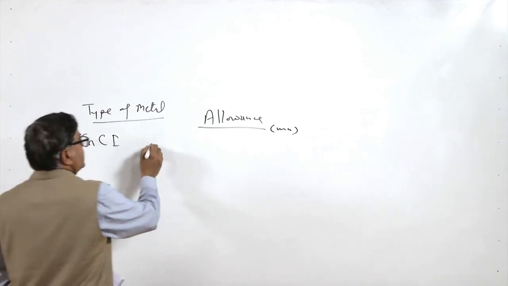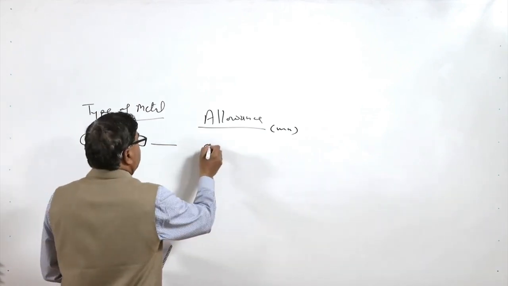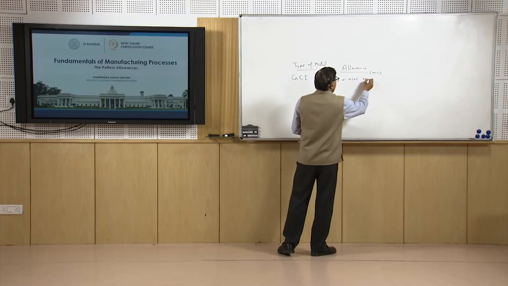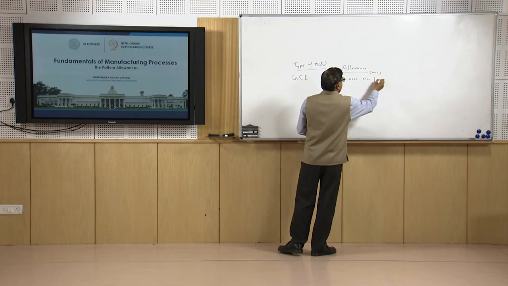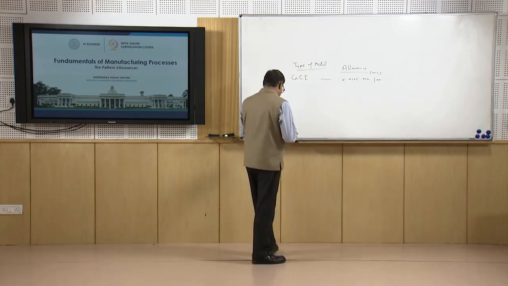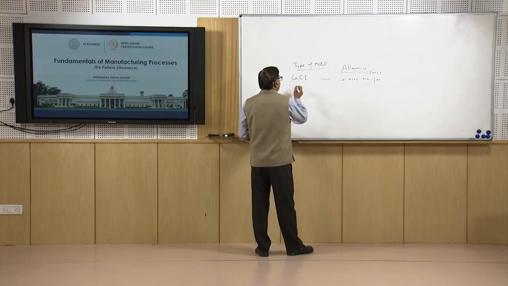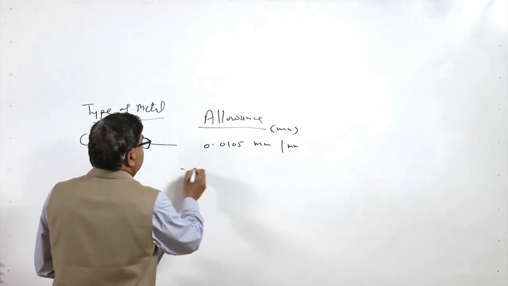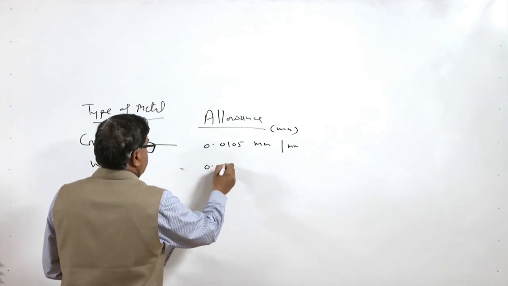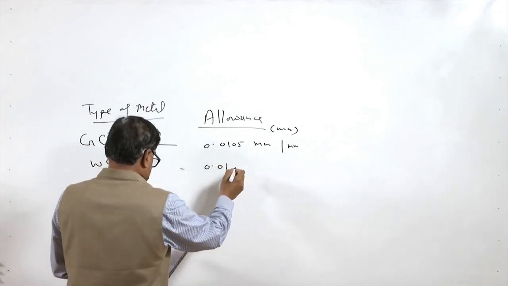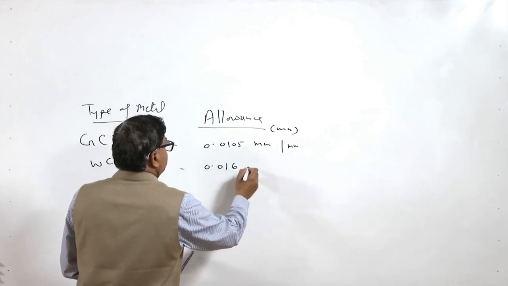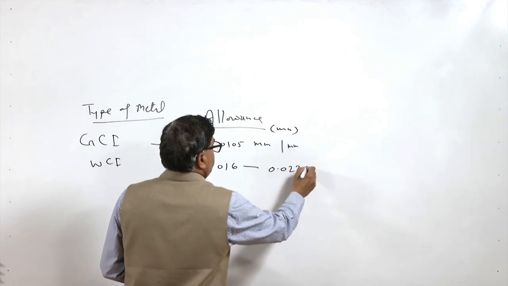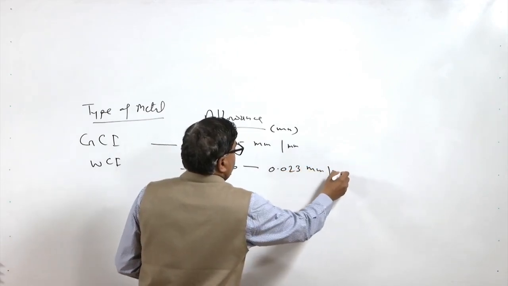For grey cast iron it is 0.0105 per mm. Then white cast iron is given in the range of 0.016 to 0.023 per mm.